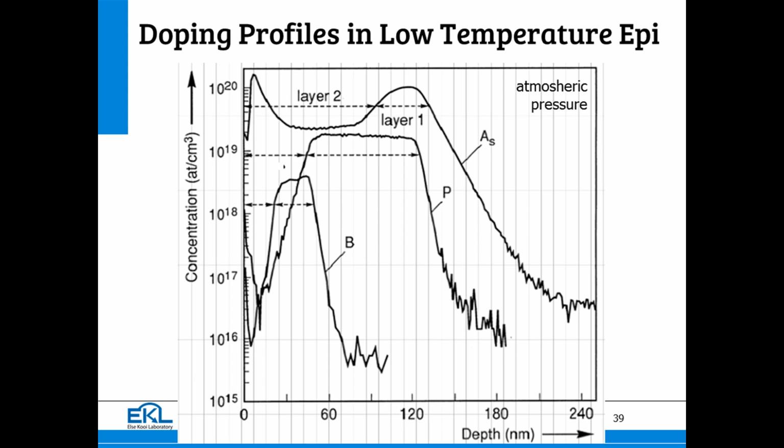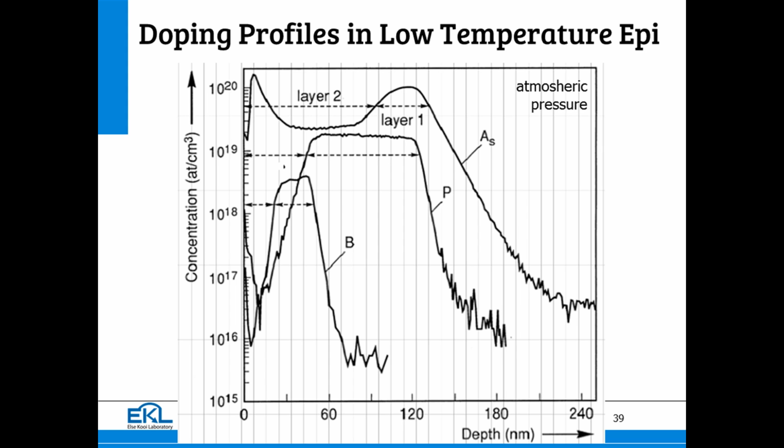Phosphorus can, but only at atmospheric pressure. If you go to reduced pressure, the same happens. You get a profile like this. Why is that? Well, like I said, we are in a totally different regime now. It is the high hydrogen pressure that takes over the sites from the phosphorus. At reduced pressure, the partial pressure of hydrogen is not enough, and the lattice sites are occupied by adsorbed phosphorus.